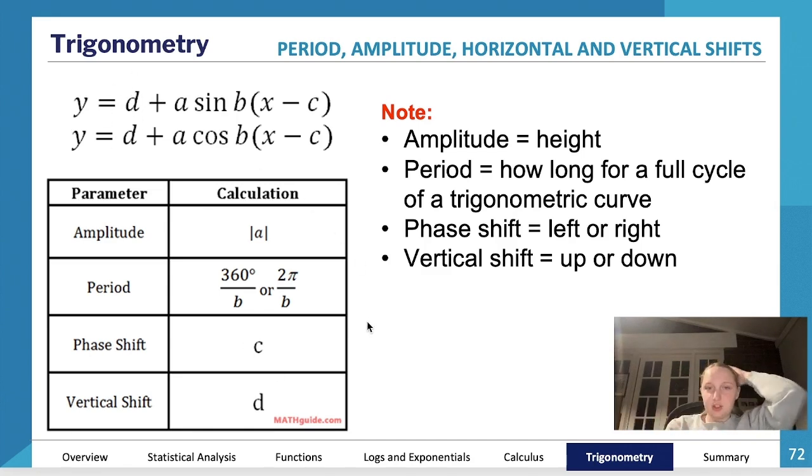Okay, and so if you guys can just remember these little bits and pieces for your trig graphs. Super uncommon that you'd ever calculate the period with degrees because your trigonometric graphs are graphed based on radians. So this isn't super common, but if you just want to know it exists, there it is there.